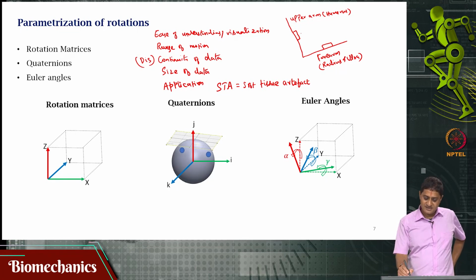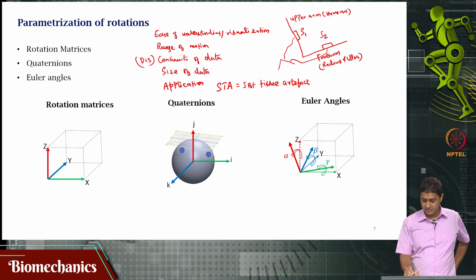Let us say I am keeping a sensor here, which I am going to call sensor S1, and this one sensor S2, and I am measuring these two data. For example, in the method that we use in our lab, these have their own microcontrollers.